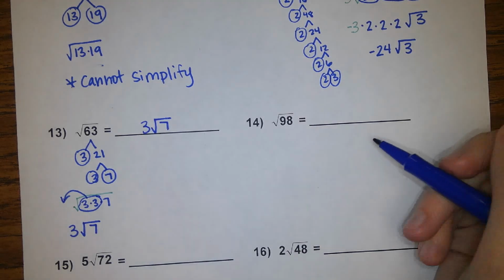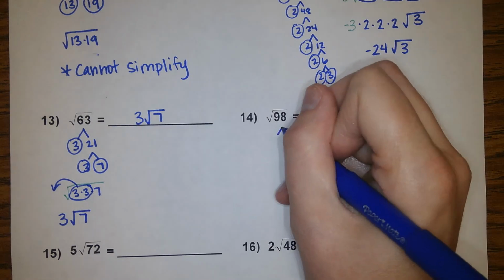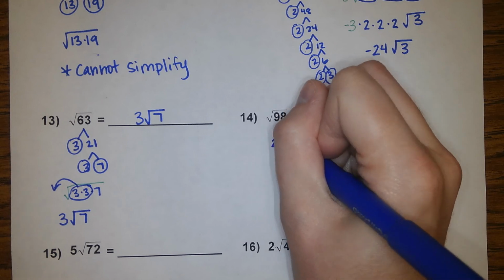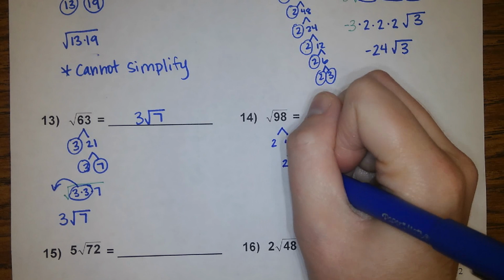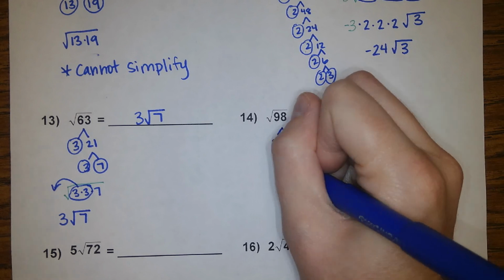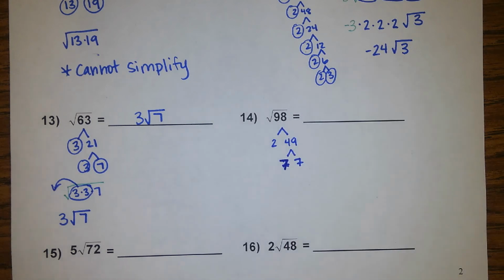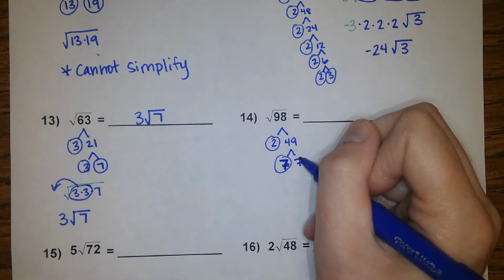Over here, for 98, let's go ahead and do our prime factors. We would have 2 and 49, and 2, oh no, 49 is not divisible by 2, silly. But we have 7 and 7, and so that's a prime factor. 7 cannot be reduced, and 7 cannot be reduced.